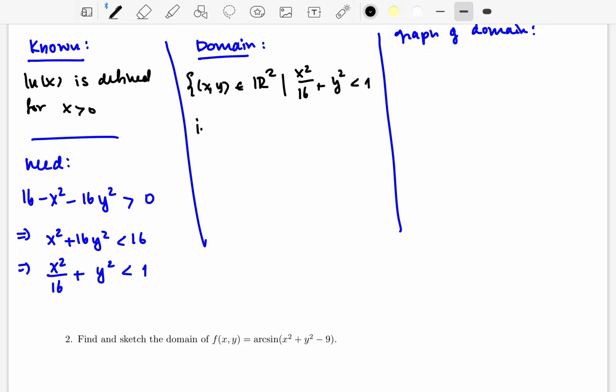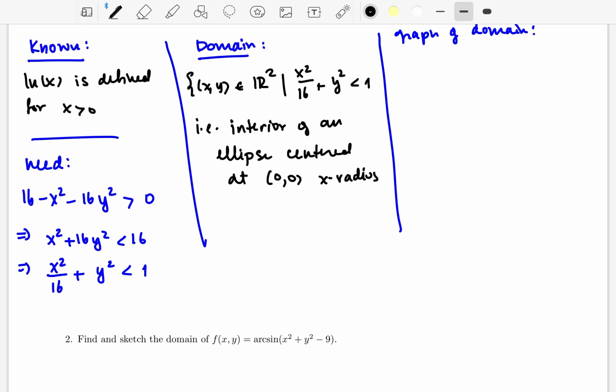In other words, it is the interior of an ellipse centered at 0, 0. The x radius is 4, and the y radius is equal to 1.